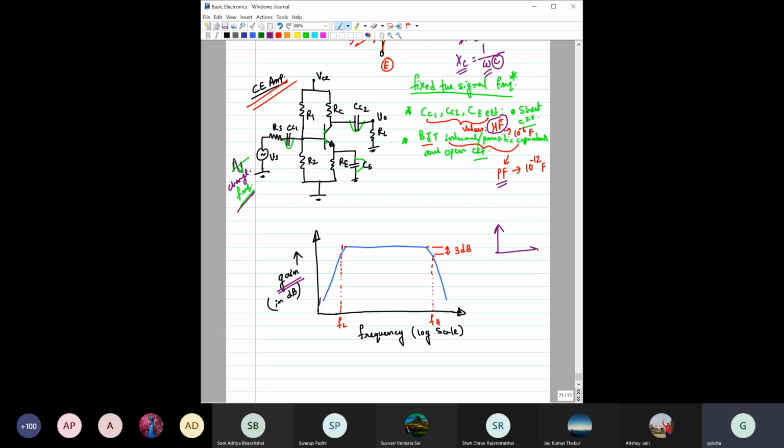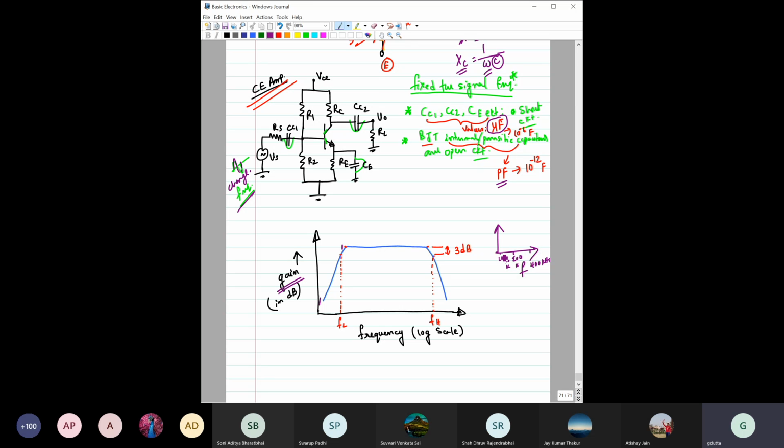For example, say you plot this frequency up to, say, 400 kilohertz. If this is 400 kilohertz, then obviously, let me say this is 200 kilohertz, and this is 100 kilohertz. Then the 10 kilohertz is here, right?